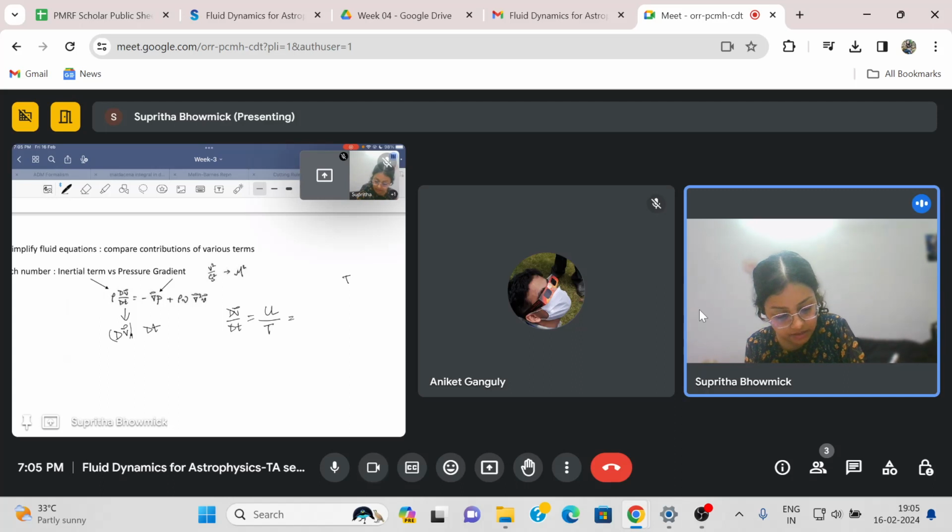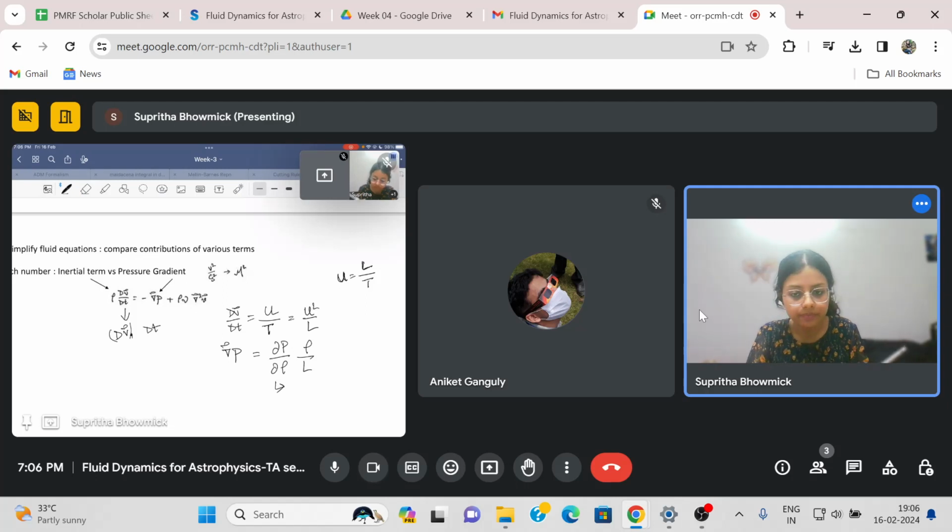And this characteristic length scale L divided by the time scale t, so I can substitute for t in terms of u and L and write this as u squared by L. And this gradient of p is nothing but the spatial derivative of the pressure, which I can rewrite as del P del rho times rho by L. Del P del rho is the speed of sound squared. So this is the speed of sound squared, Ca squared, times rho by L.